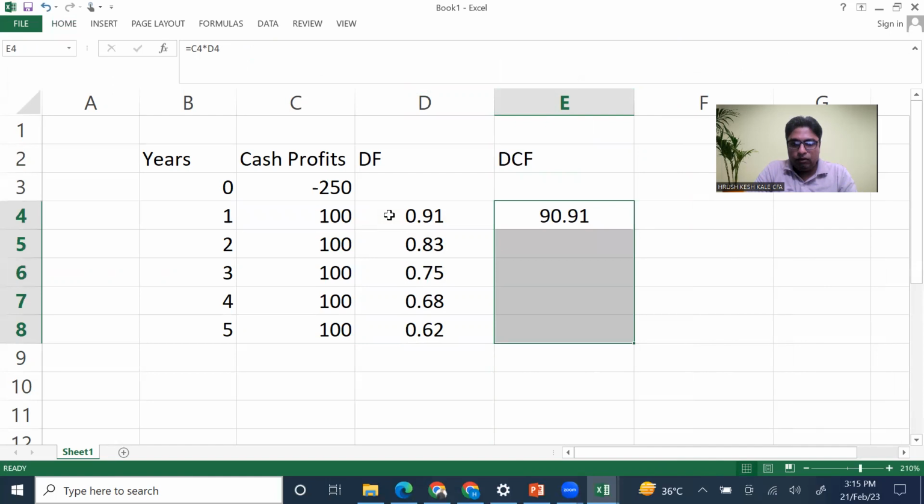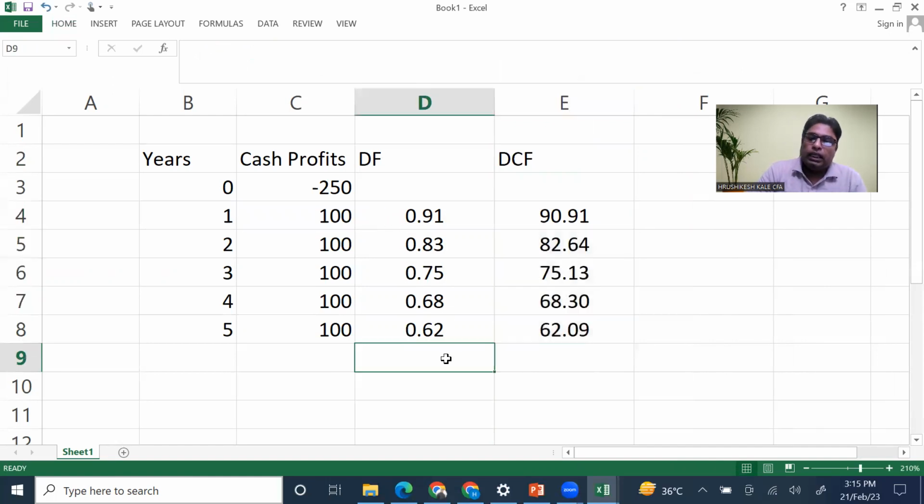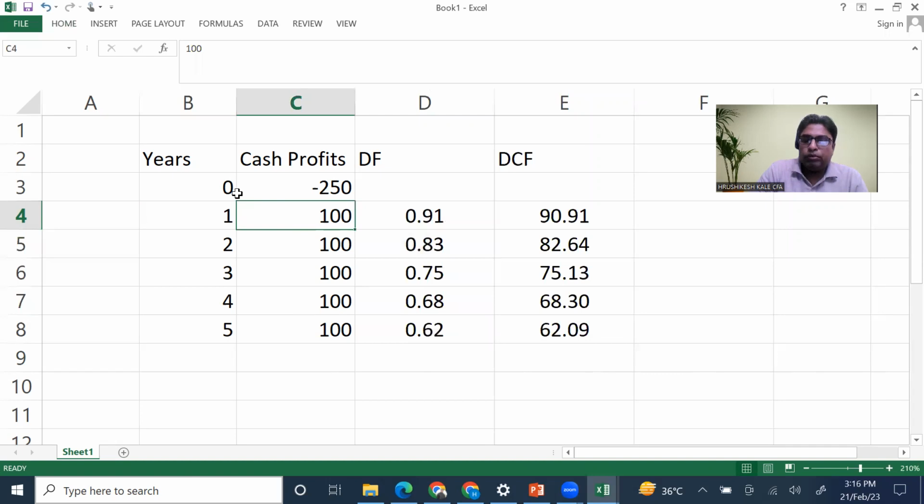Please understand what I am doing here. If I am getting a profit of 100 rupees after 1 year, its year 0 value, meaning today's value, will be 90. If I am getting 100 rupees after 2 years, its year 0 value, meaning today's value, will be 82.6. So we will always be calculating the year 0 value.